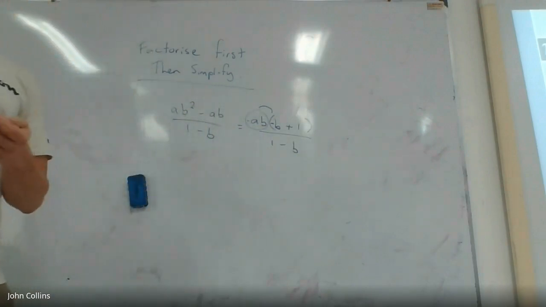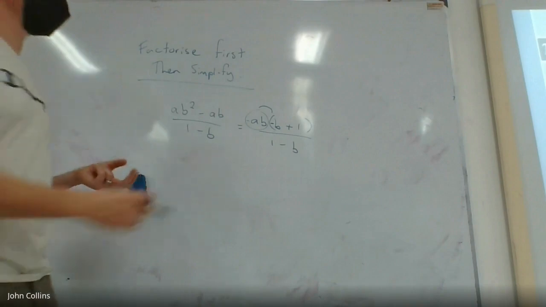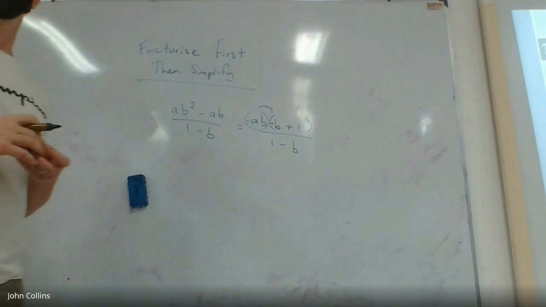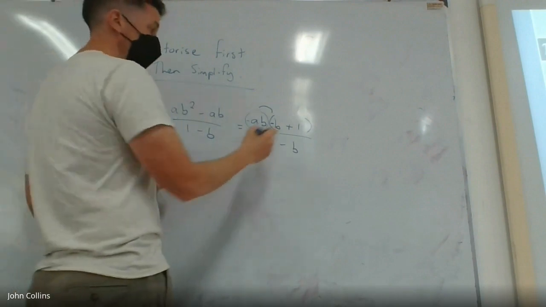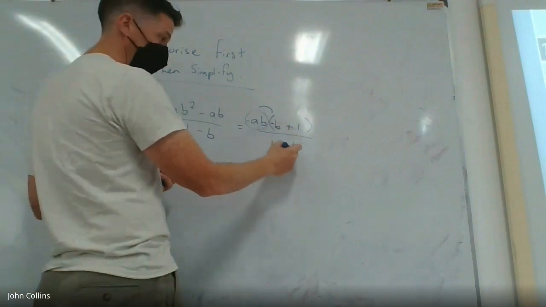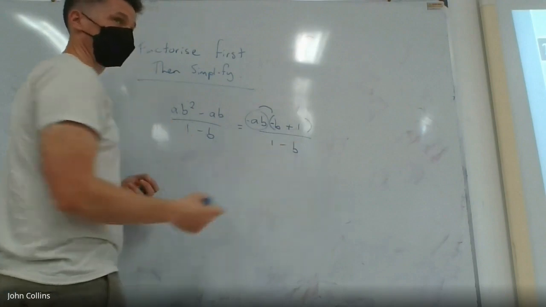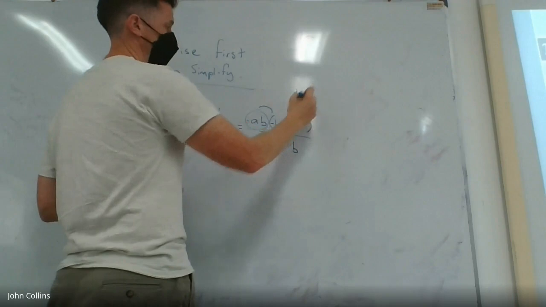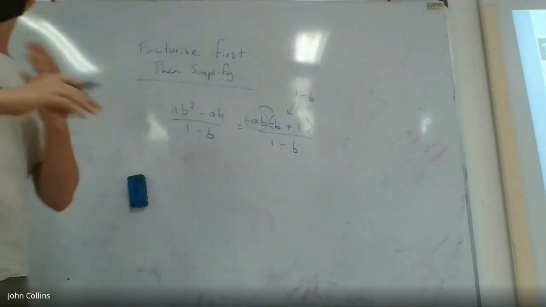So if you get something and the signs are wrong, instead of taking out the positive thing, take out just the negative number or letters. That's key. Now it cancels. It's negative B plus 1, which is the same as 1 take away B. You can rewrite that as 1 take away B if you want to put it the other way around. Order doesn't matter there.